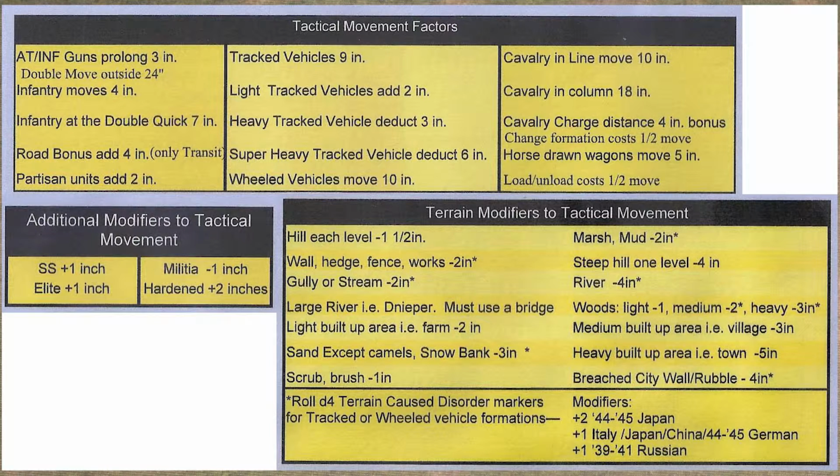There's a little table there for additional modifiers, essentially for the quality of your troops. Elite troops, SS, can move an inch further, hardened 2 inches, militia less. That again may seem odd. Why do those types of troop actually go quicker? And the answer is, again, it's not because a man can move farther or a tank can drive quicker.